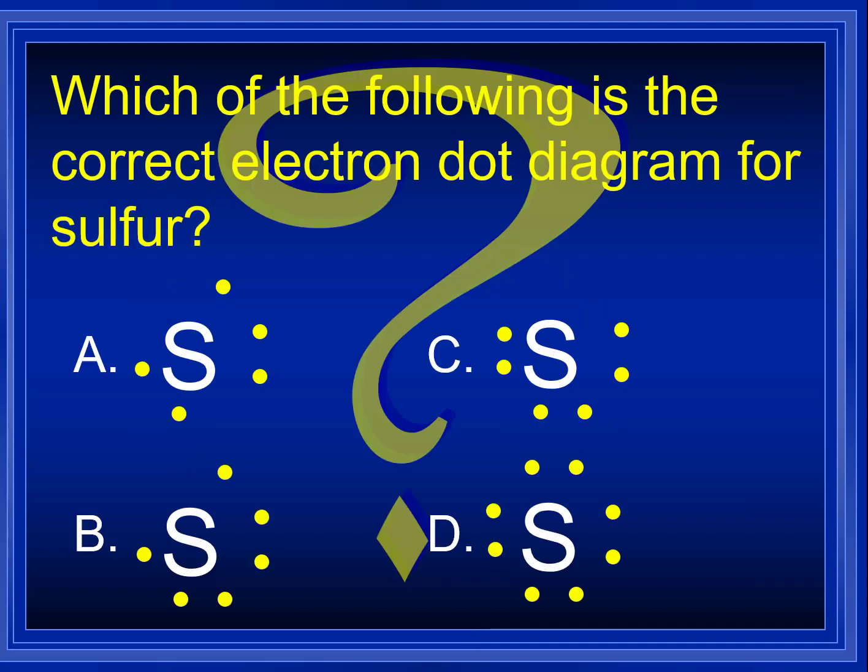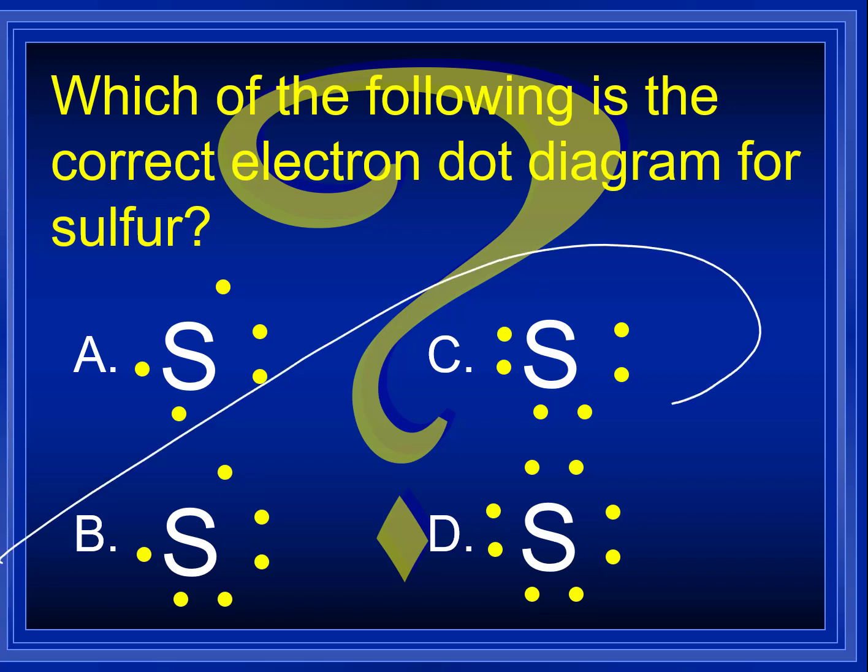So, which is the correct electron diagram for sulfur? Okay, it's in group 6A, 6 electrons.